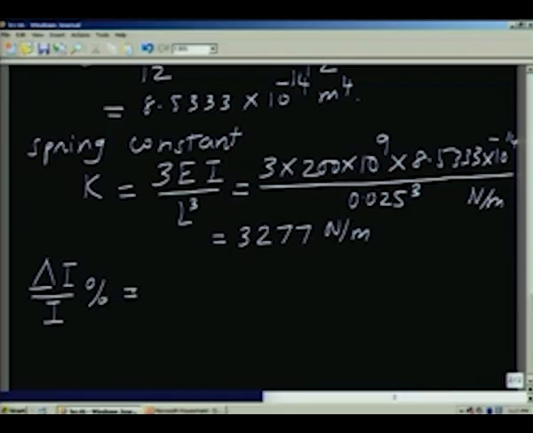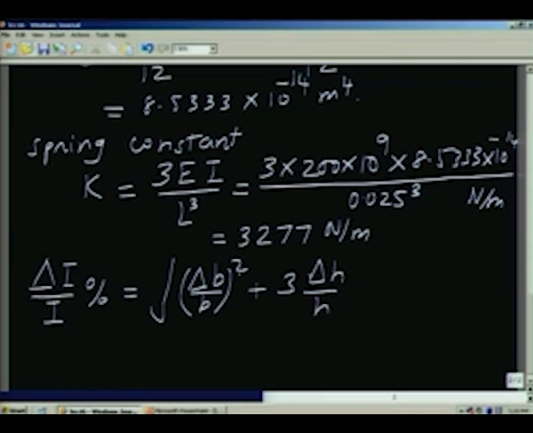For example, the error in percent of the moment of inertia, given by I equal to BH cube by 12, is the square root of delta B by B in percentage whole squared, plus 3 times delta H by H, both in percentages, whole squared, because I is equal to BH cube by 12 is a product of quantities raised to a power.